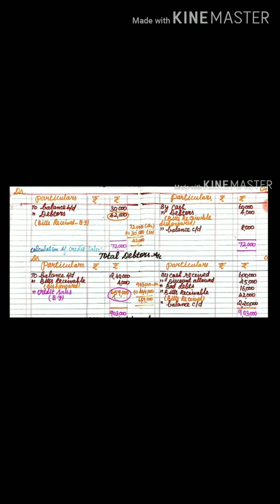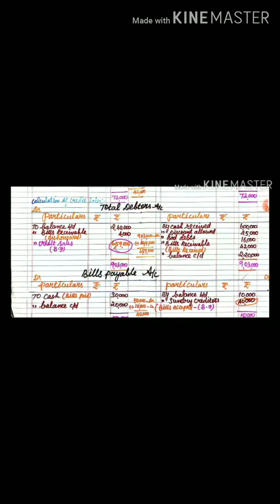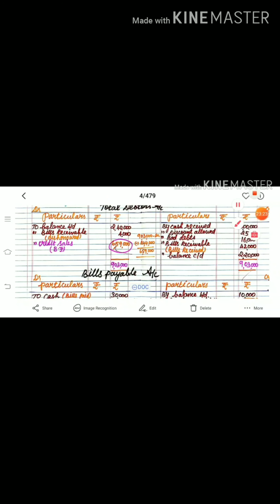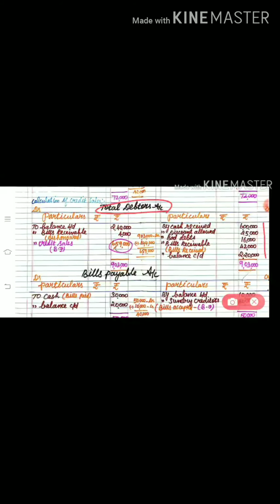Then the second step, calculation of credit sales. Credit sales means the total debtors account. All the received items are entered into the credit side and all the payment items are entered into the debit side.